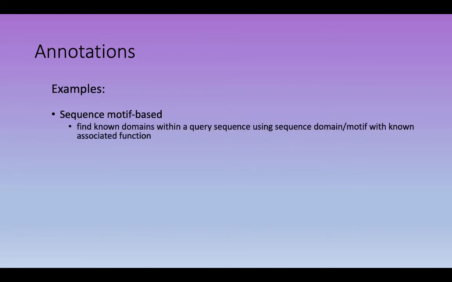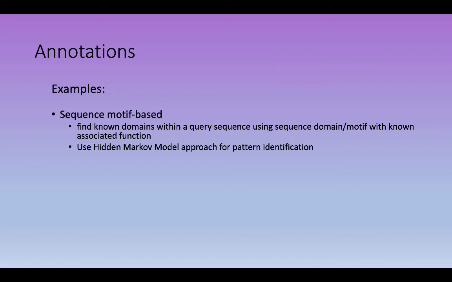is using a sequence-based motif. And so in this case, what we're really interested in doing is trying to find known domains within a query sequence using a sequence domain or motif search, where we know that this sequence or domain or motif is associated with some known function. The principal tool we often use in this case is based off of a hidden Markov model approach, where we're trying to identify a pattern.